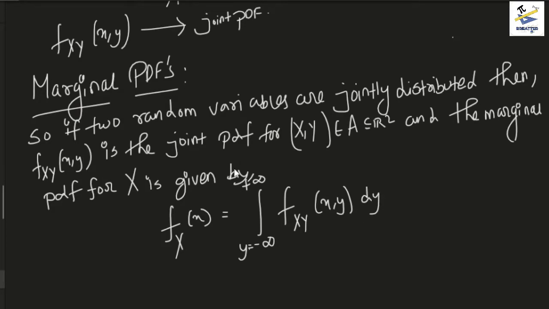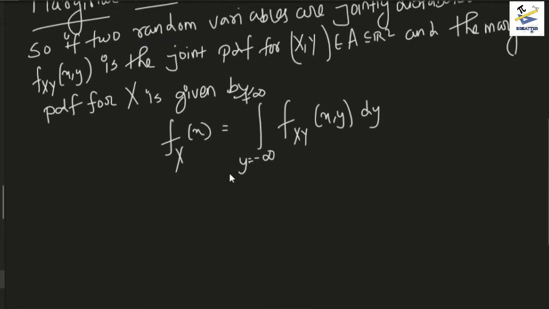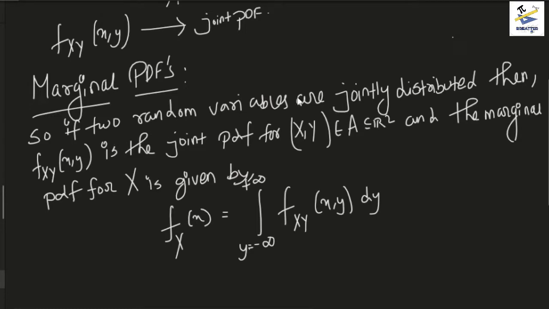This is the joint PDF, marginal PDF for x. So what we are saying here is, if two random variables are jointly distributed with the joint PDF fxy, where x, y belongs to the subset A, where A is a subset of R square, or it might be R square itself, then the marginal PDF for x is given by f of x equals to, so what you do is you take the joint PDF fxy and you integrate it with respect to the variable y.